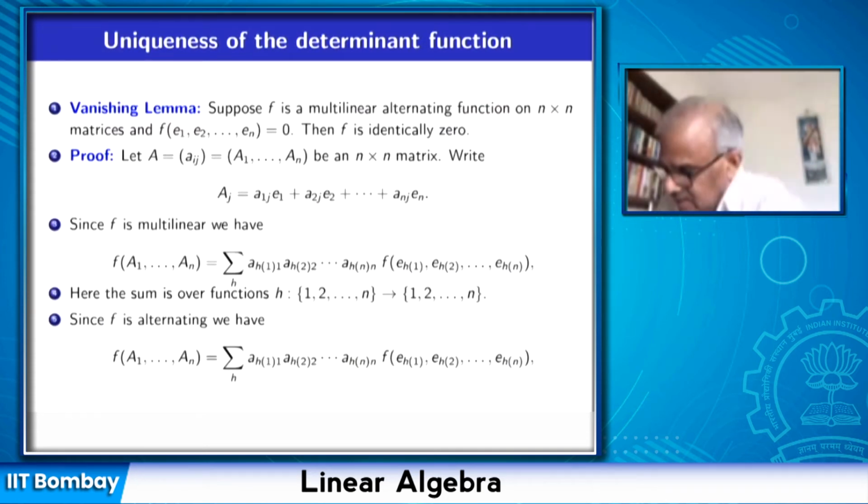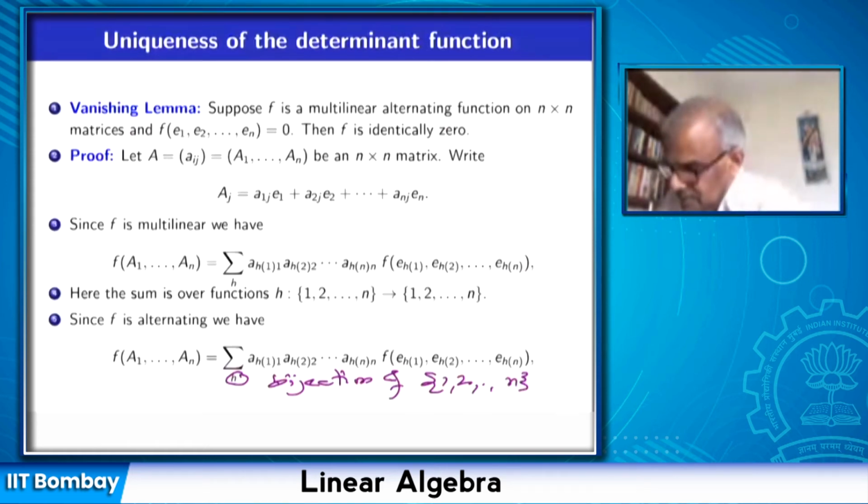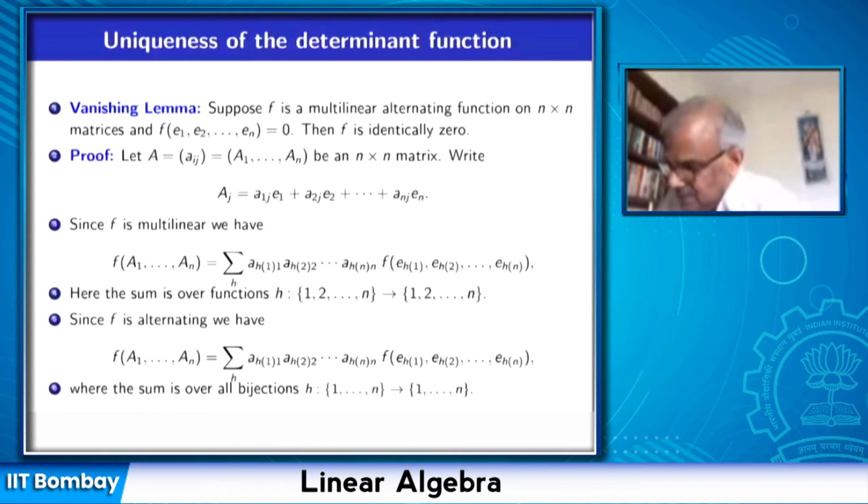So this h is a bijection of 1 up to n, and this sum is over all the bijections. So f is operating on a matrix which is obtained from the identity matrix by permuting the column vectors.